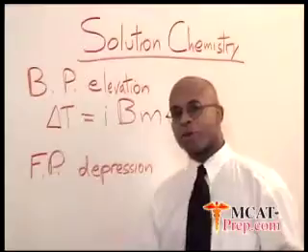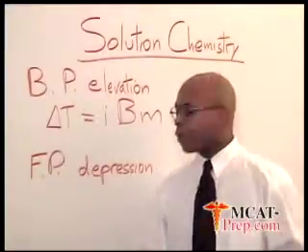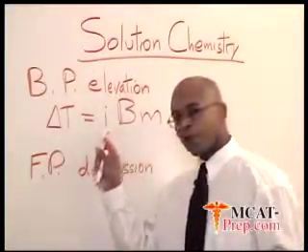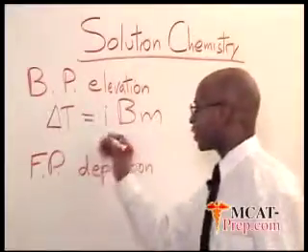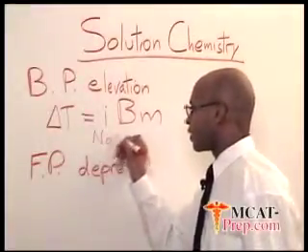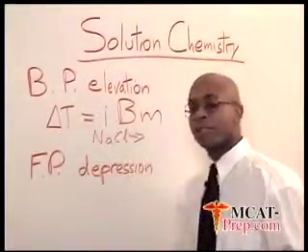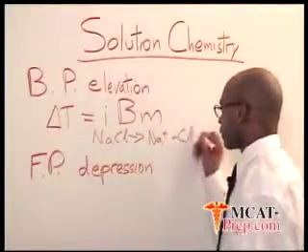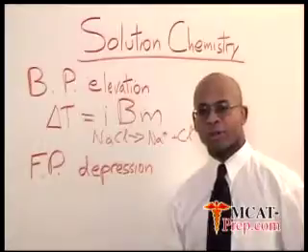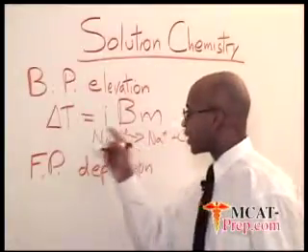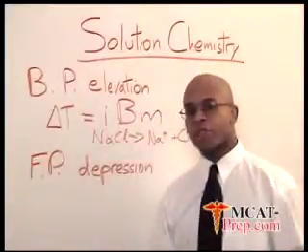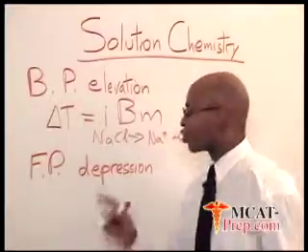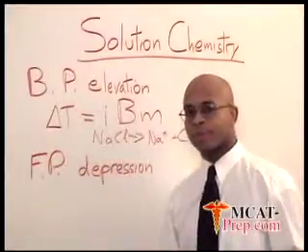But what about the number of particles? Well, salt is NaCl, and that dissolves into Na+ and Cl-, so we have 2 particles. That means that the number i for salt will be 2, whereas for sugar it was just 1.